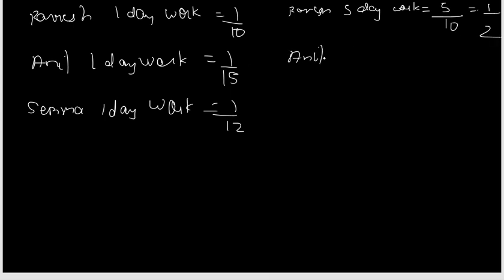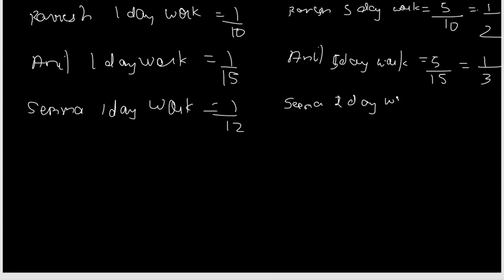Anil again works for 5 days, so Anil's 5-day work will be 5 by 15, which is 1 by 3. Seema works 2 days, so Seema's 2-day work will be 2 by 12, which is 1 by 6.